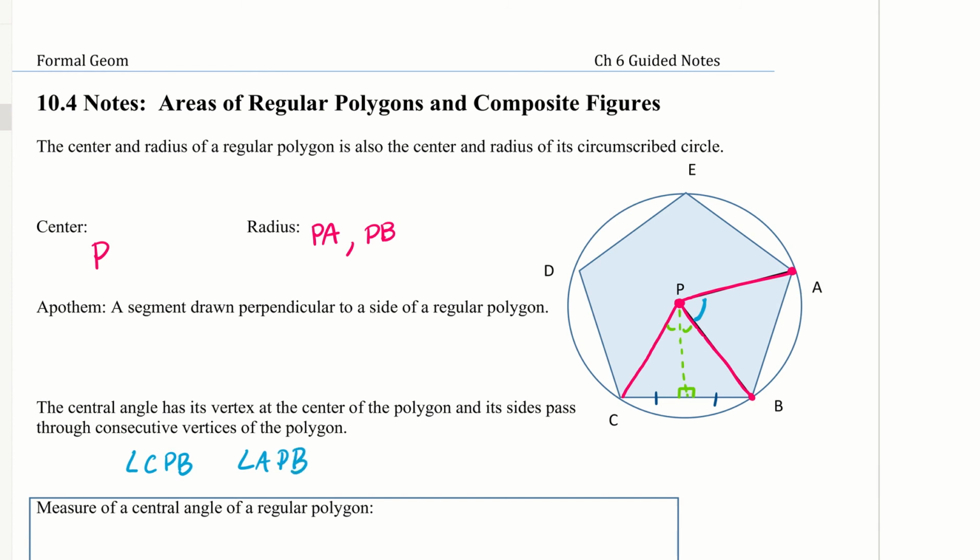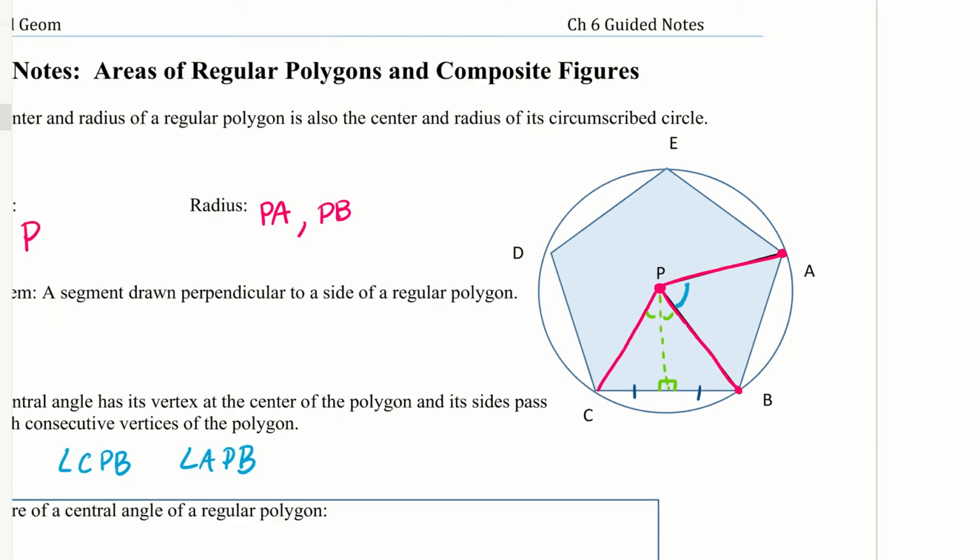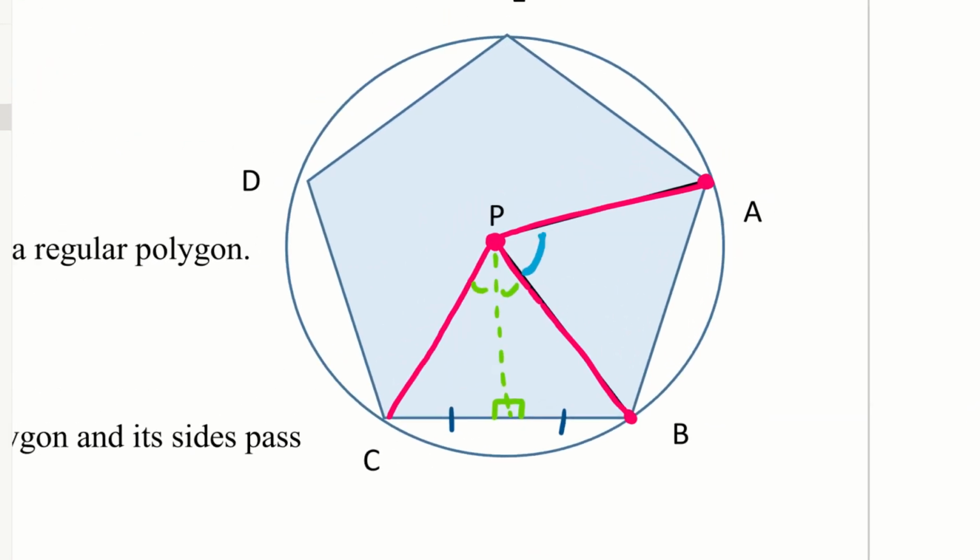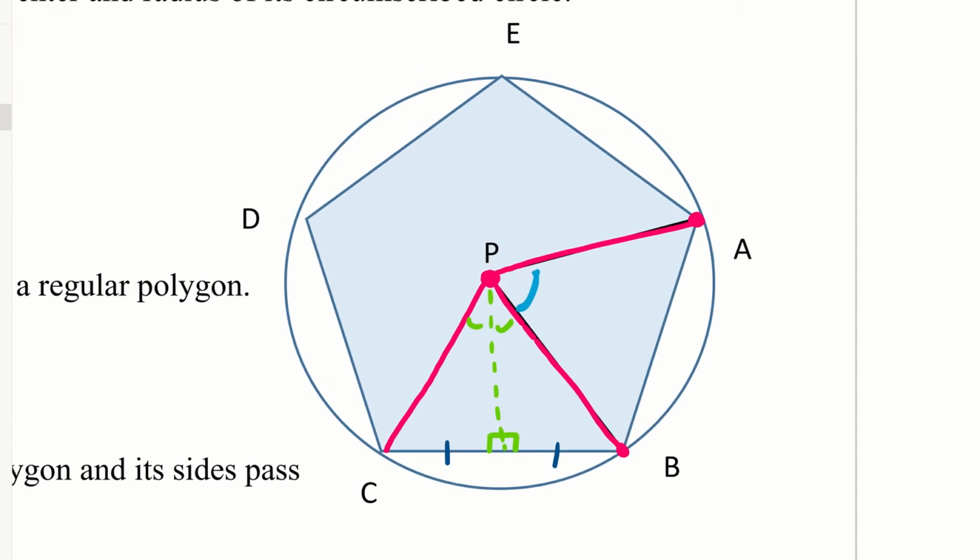Okay, and then how we find the measure of our central angle is that we can take this circle and use the fact that our regular polygon is circumscribed inside the circle. We know that a circle is 360 degrees, right?